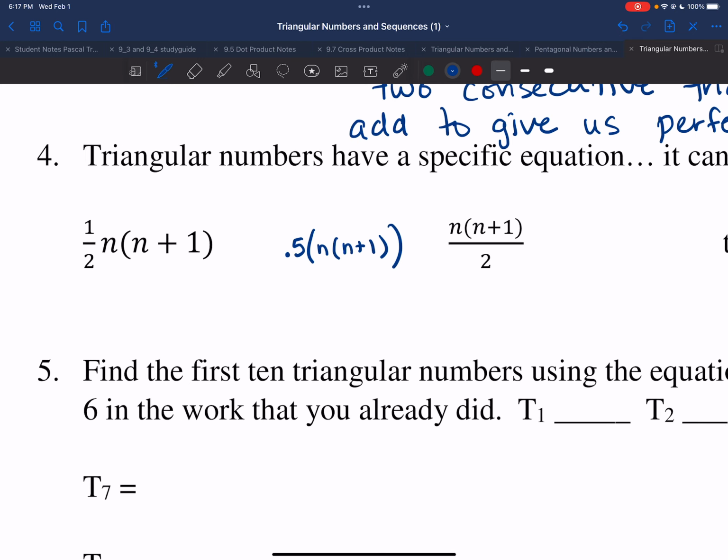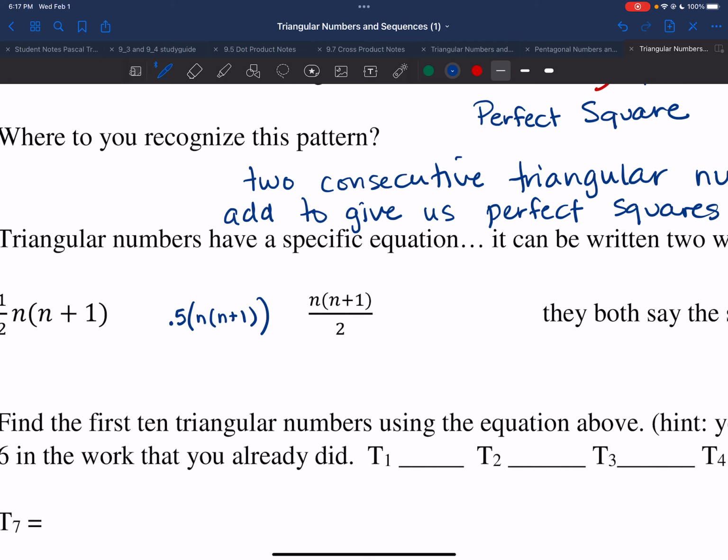So let's go ahead and use this formula with T5, right? So T5, I'm going to start with a base of 5. So that becomes my n. That value right there is my n value. I plug that in to here. When I have n times n plus 1, it means I multiply it by the number that's in the subscript times the next counting number.